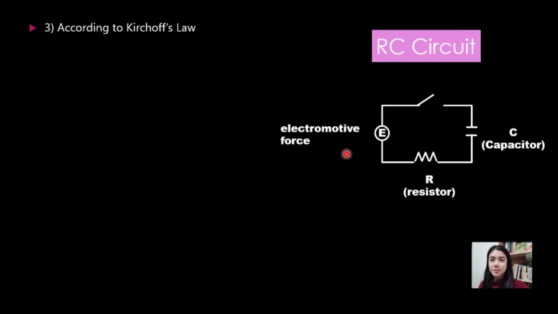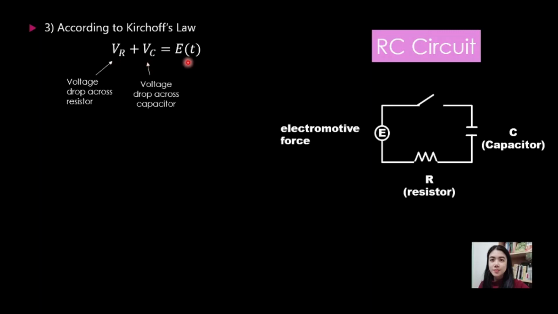According to Kirchhoff's law, the sum of voltages that drop across the resistor and the capacitor will be equal to the supply voltage. The VR is equal to R multiplied with I, and the VC is equal to 1 over C multiplied with Q. If you substitute these two into this equation, you're going to have this one.